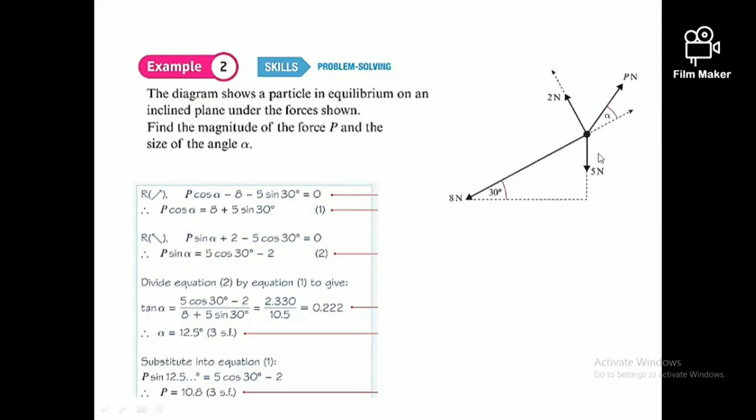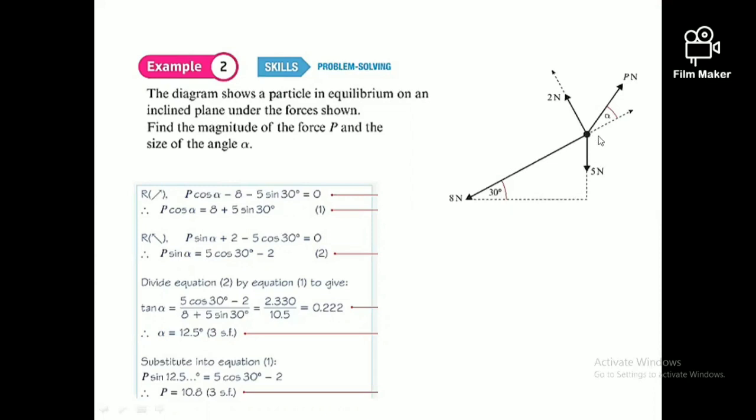We will see what components we have to consider from the 5 newtons. If this angle is 30, from the geometry we can say the angle to the perpendicular is also 30. If you draw a perpendicular like this, you can show geometrically that this angle and this angle are both 30.